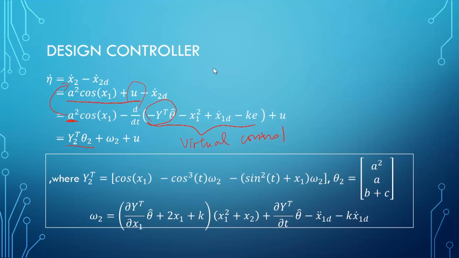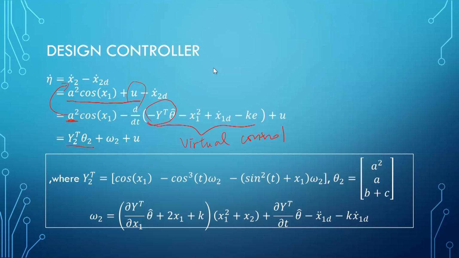And you will see omega 2 as this, which also shows up in here. So the only unknown term is theta 2, which is unknown constants, and this is known, which is a regression matrix. This is known, which is this, okay?